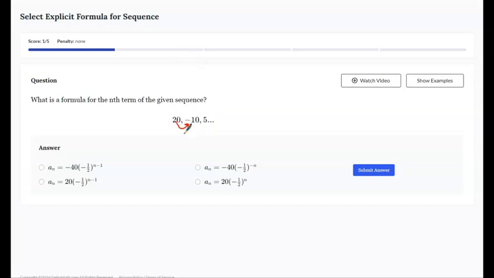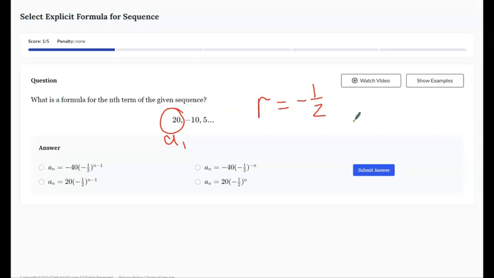This one is multiplying by -1/2, and this is multiplying by -1/2. So it looks like our common ratio is -1/2. Looks like our initial value, A sub 1, is 20.